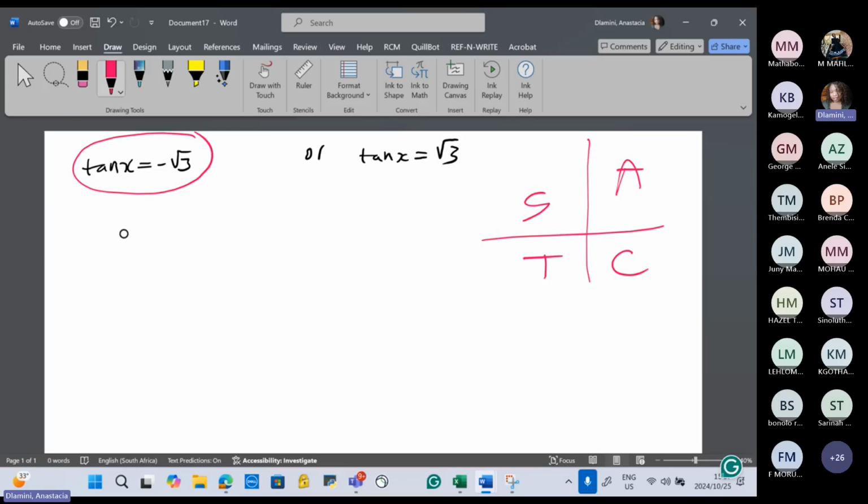We will take the arctan of this to find the reference angle. So if we take the arctan of √3, we know that the reference angle is π/3.